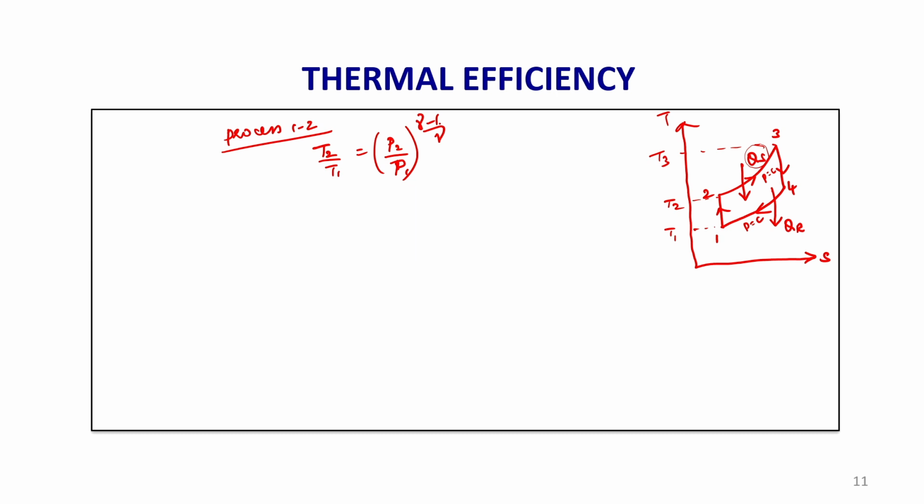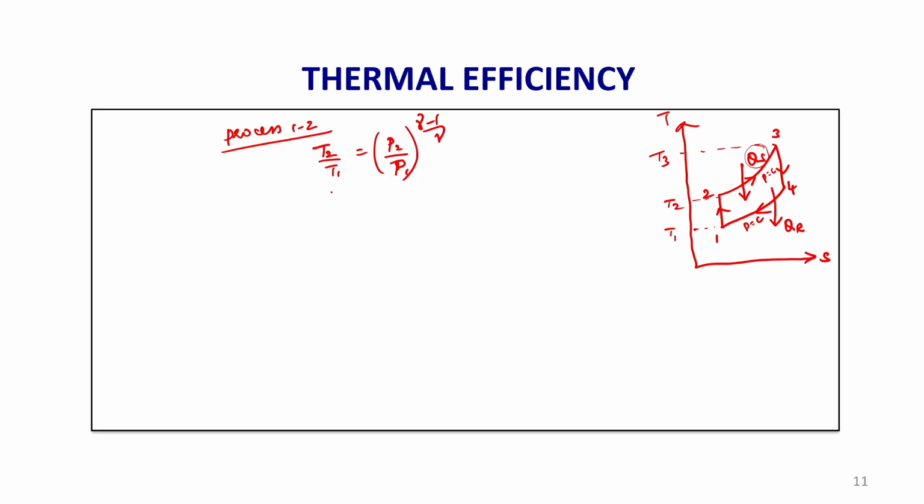Let me recollect some of the basics here. If you are writing the relationship between temperature and volume, for example T2 by T1, then on the right side it will be V1 by V2. If the denominator is T1, the volume will be V2.